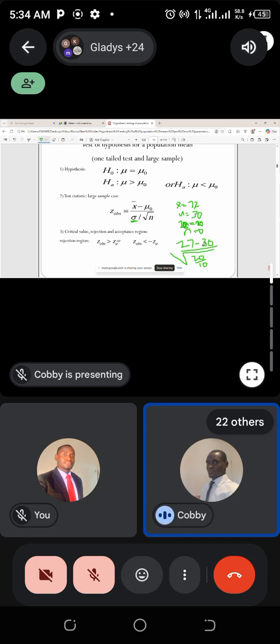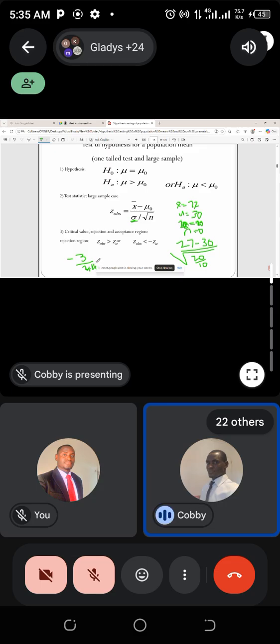So we can do the subtraction here. 27 minus 30 is negative 3. What is the square root of 20? 4.47.